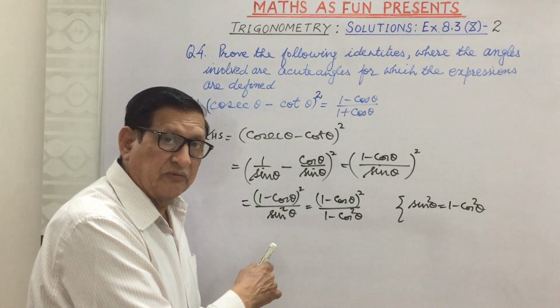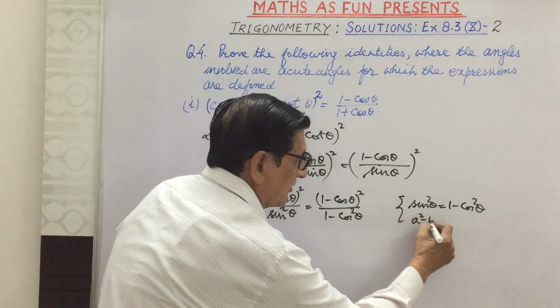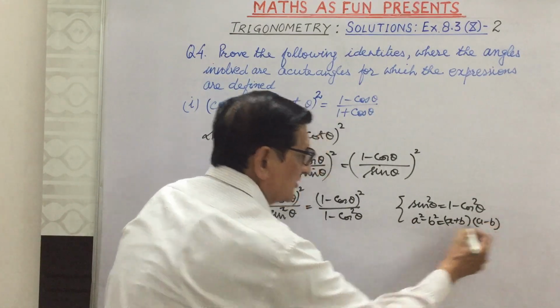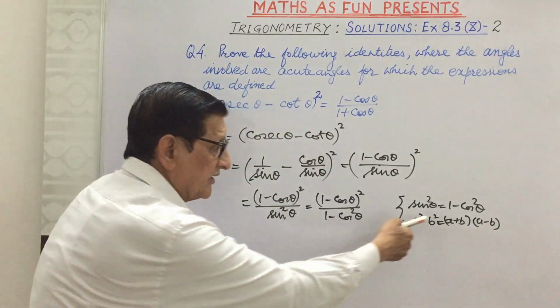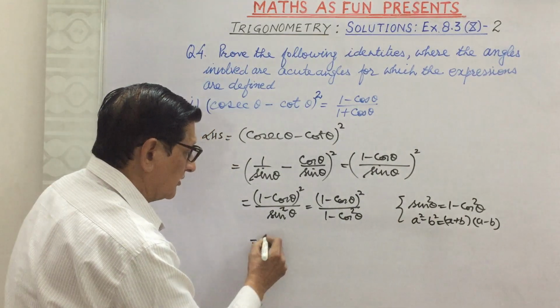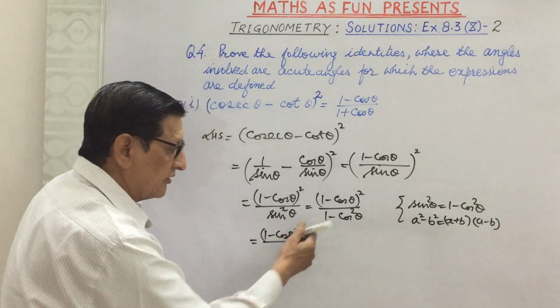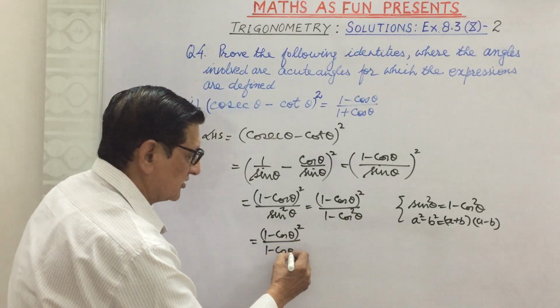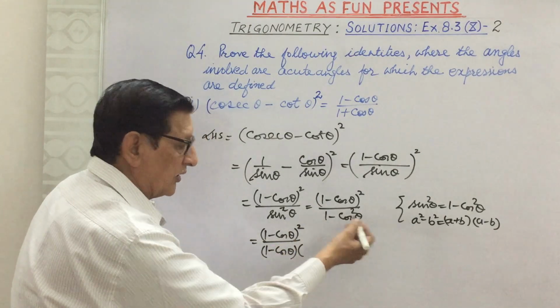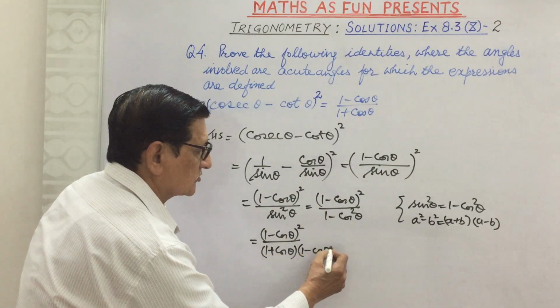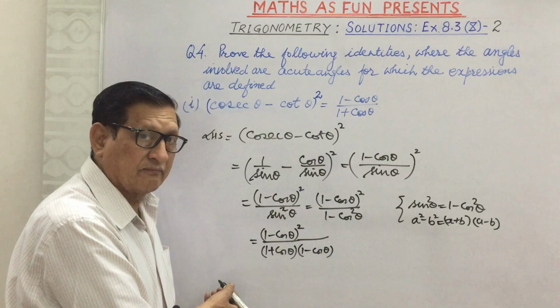We also know the algebraic identity a square minus b square is equal to a plus b into a minus b. Applying that here in the denominator, we get 1 minus cos theta into 1 plus cos theta, or 1 plus cos theta into 1 minus cos theta. The product is to be same.